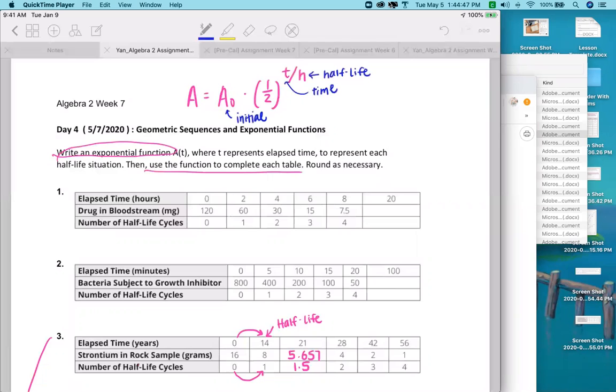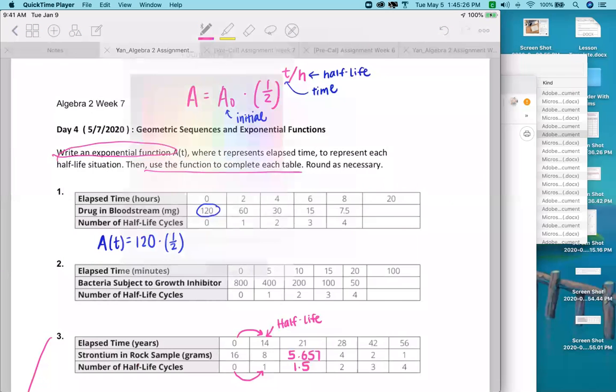Okay, so for number 1, the original amount is 120. So I would write A of T equals 120, because that's the original, times the 1/2, which is always going to be there because it's half-life. And then how many hours does it take to perform a half-life? Does anyone know in this question?